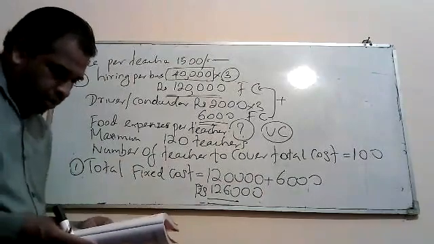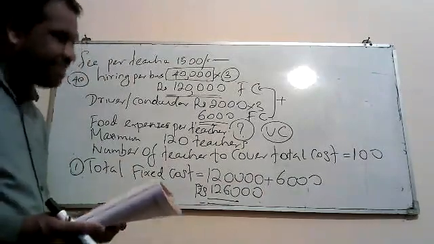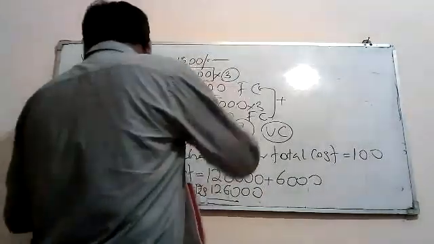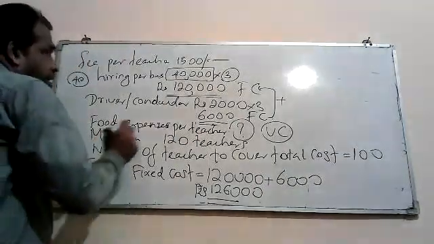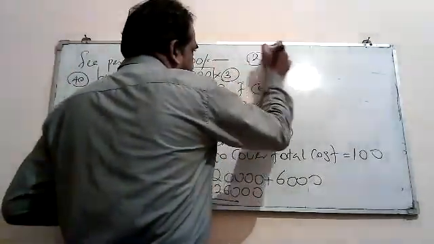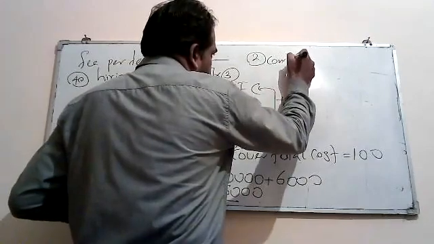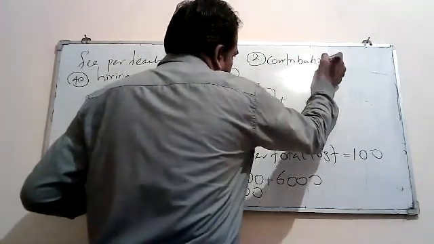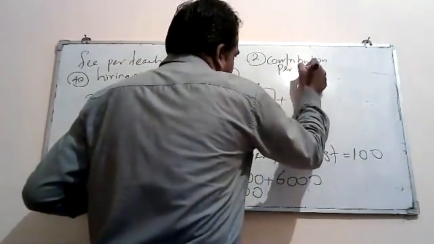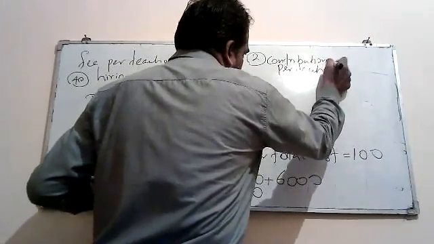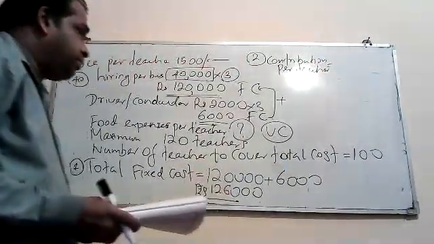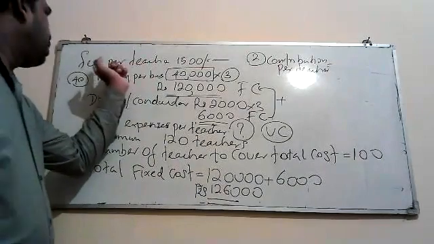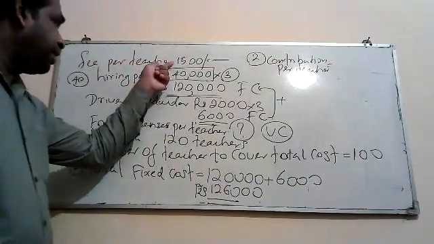This is the answer for number 1. Then number 2, contribution per teacher. Here we are given the price per teacher, 1,500.